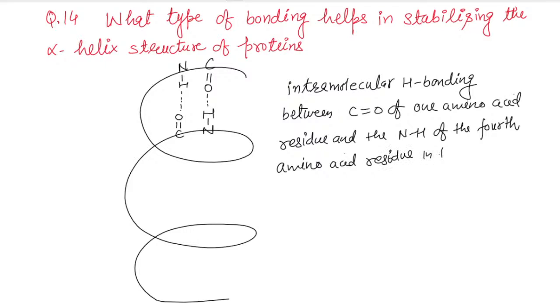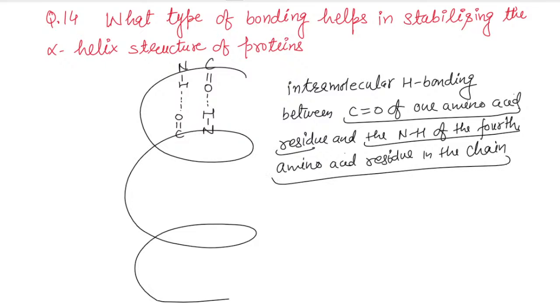In the chain, it is intra. Very good. Keep in mind, CO of one amino acid residue and NH of the fourth amino acid residue, that is the reason for stabilization of alpha helix structure.